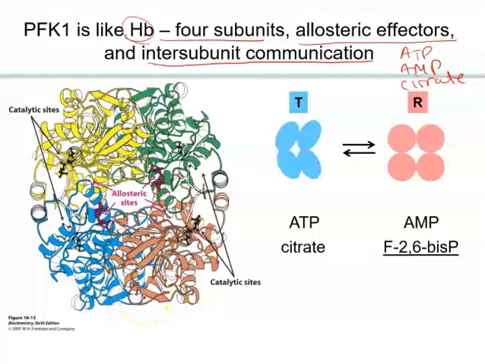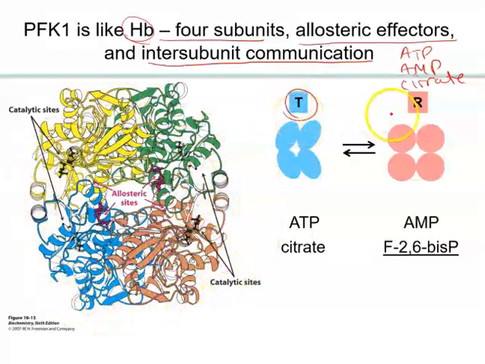This PFK1 enzyme, which we do cover in Biochem 1, is like a big thick donut. And the allosteric effectors like ATP, citrate, AMP, and this fructose 2,6-bisphosphate bind within this central hole in the enzyme. And then we have the catalytic sites, which are converting fructose 6-phosphate to fructose 1,6-bisphosphate, located more towards the outside of this enzyme complex.